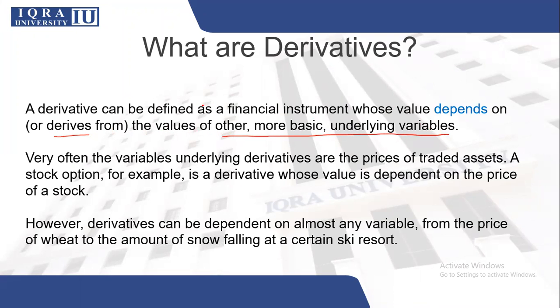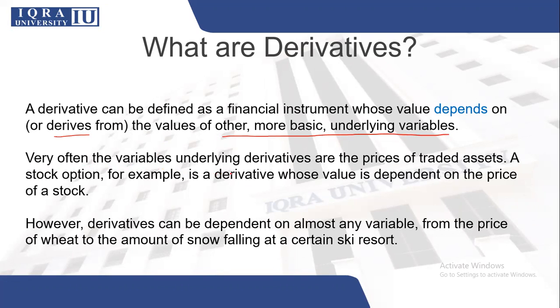The financial instrument has to be issued on something else. For example, it can be issued on a stock, on a bond, or even on the weather. So derivatives need to be issued on something.